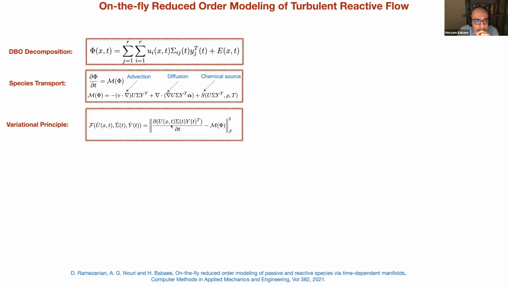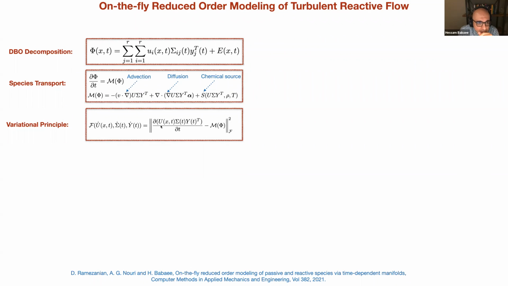This is the rate of change of this reduction, the del by del t of this reduction, minus what you have from the full dimensional model, which is the rate of change of the full dimensional case. But here, instead of phi, we replace it with this expansion again. So this phi is replaced with this expansion.